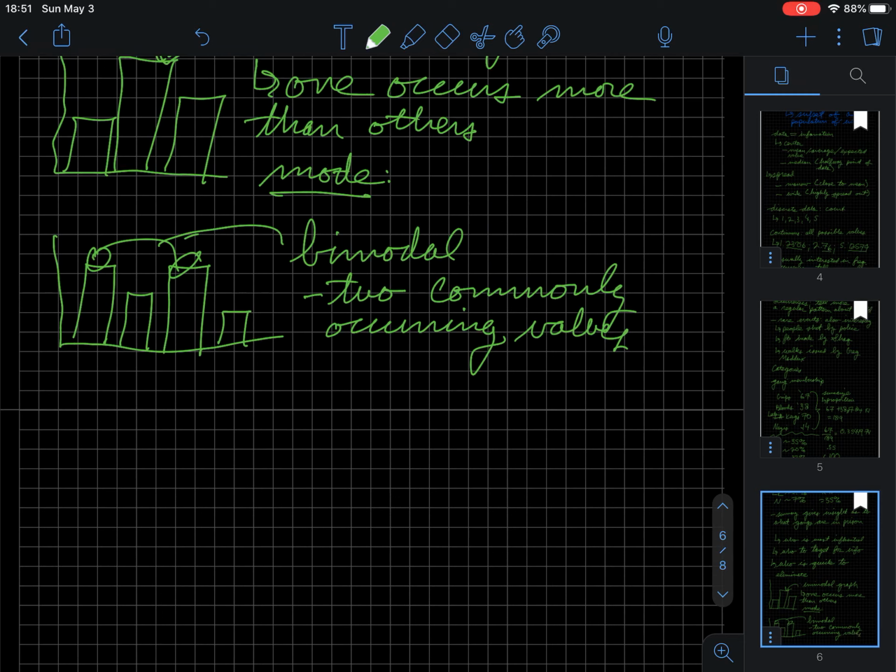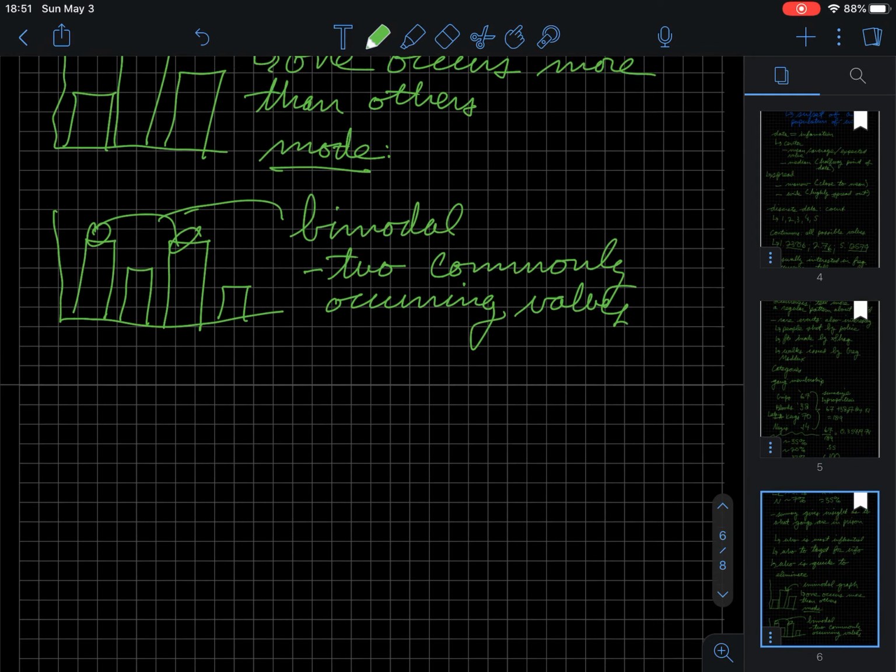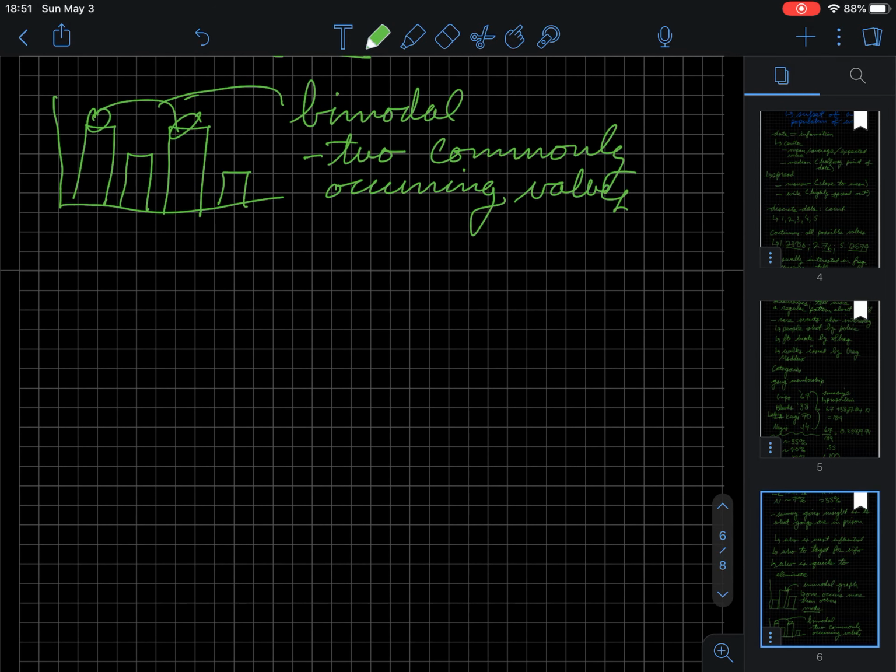So sometimes though we have data like this. There are other kinds of graphs that we have, and sometimes we're interested in skew. So this is where data are stretched in a direction.